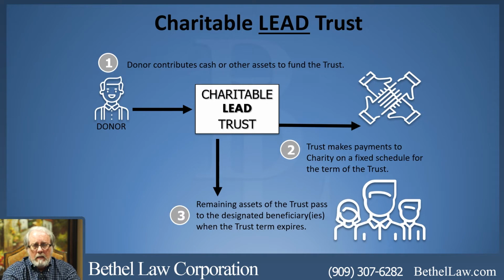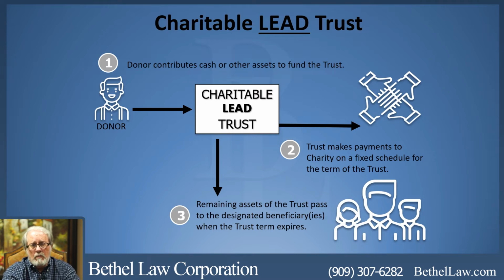When you set up a charitable lead trust, you as the donor are going to contribute the cash and/or the assets like the real estate to the trust itself. Now you're also going to be the trustee. Now how it works in terms of a lead trust, you're providing income that's earned off the charitable asset to the charity basically on a fixed schedule for a term of years or for your lifetime.